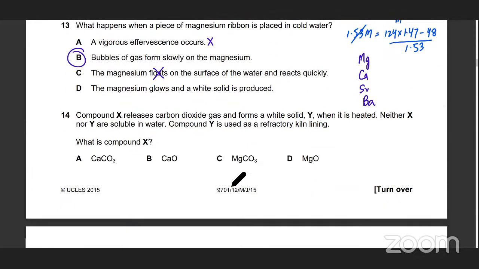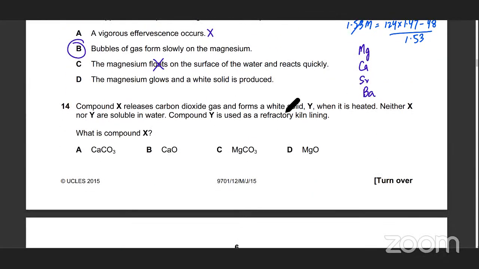So the next one is compound X releases carbon dioxide gas and forms a white solid when it is heated. So it's decomposing. It's a carbonate, and so it's either MgCO3 or CaCO3. Let's read the first statement again. Compound X releases carbon dioxide gas.